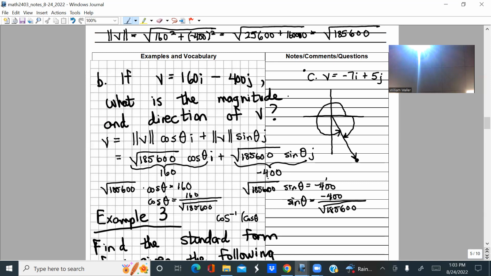So the inverse cosine of 160 over the square root of 185,600. That's one way of doing it.